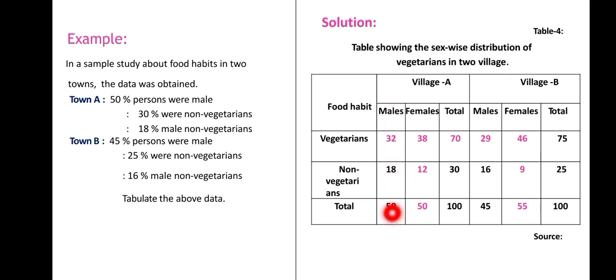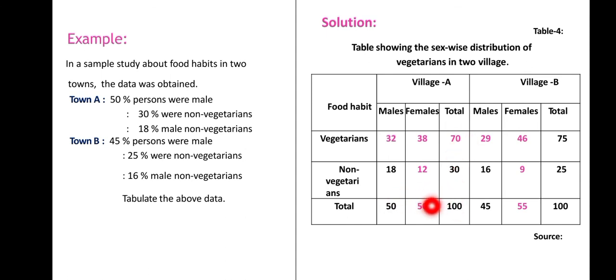And 30% were non-vegetarians, so under non-vegetarians we write 30 here. And 18% were male non-vegetarians. The remaining data you have to calculate and fill in.